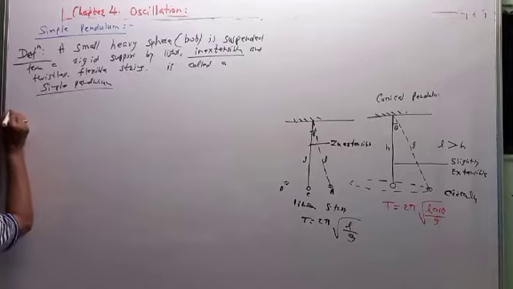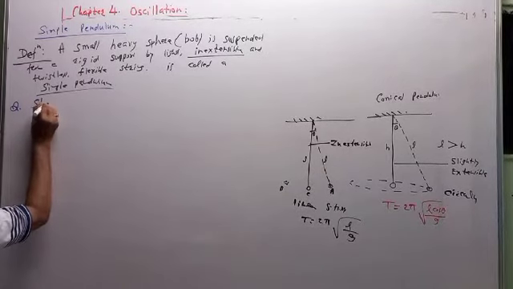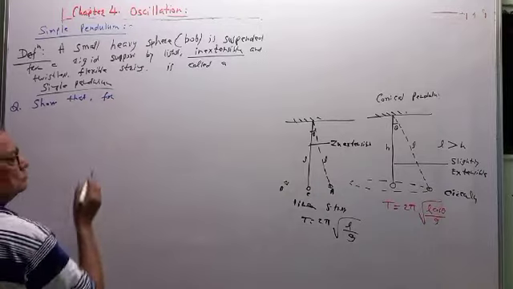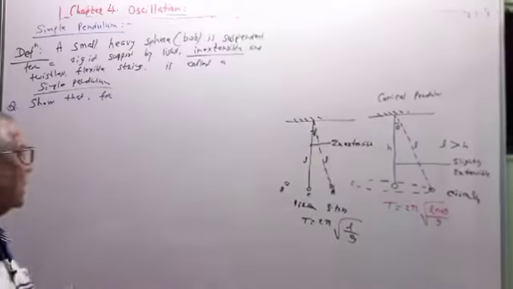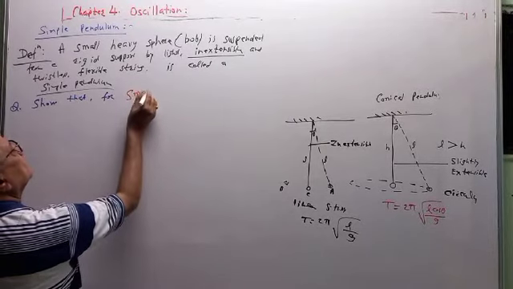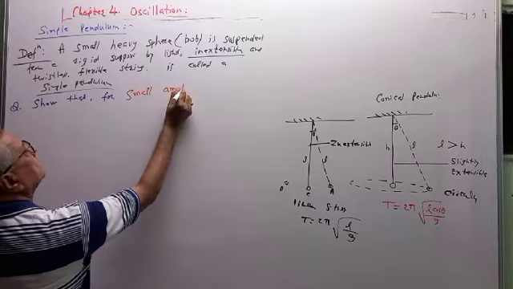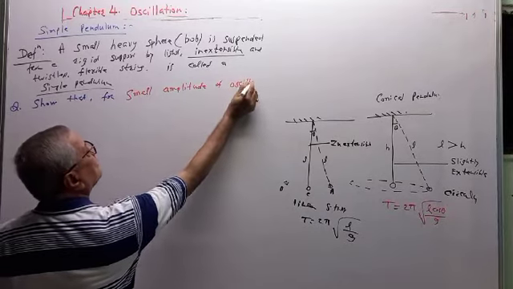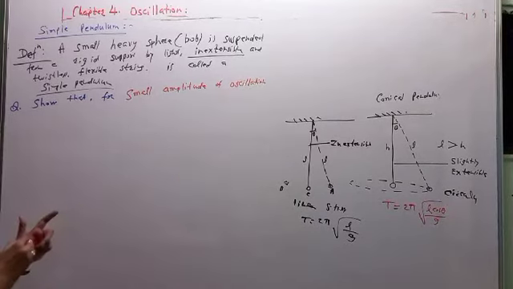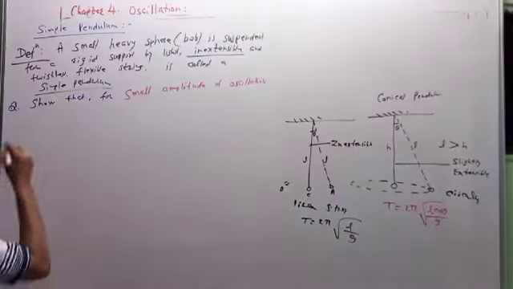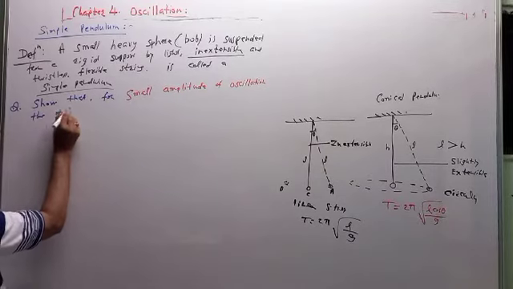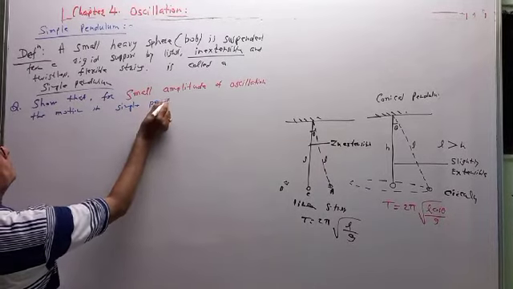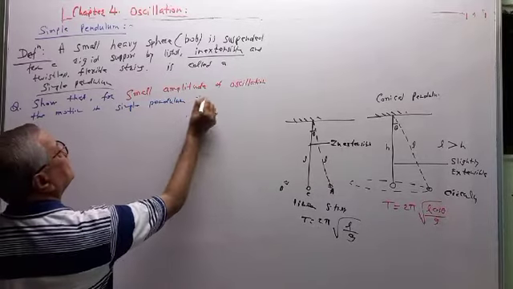The question is asked like this: show that for small amplitude of oscillation the motion of the simple pendulum is linear SHM.